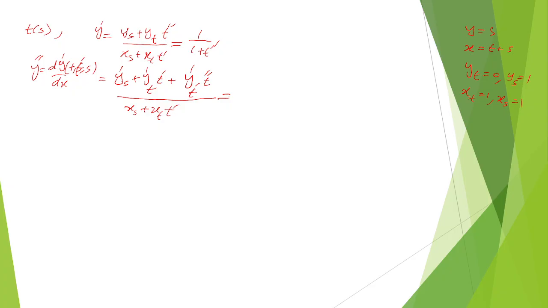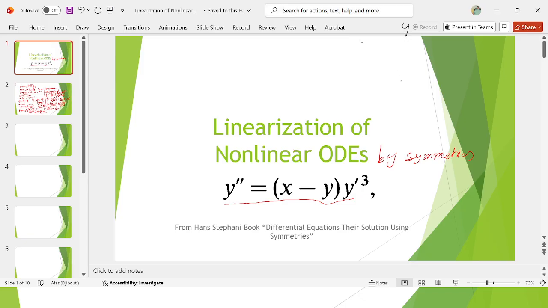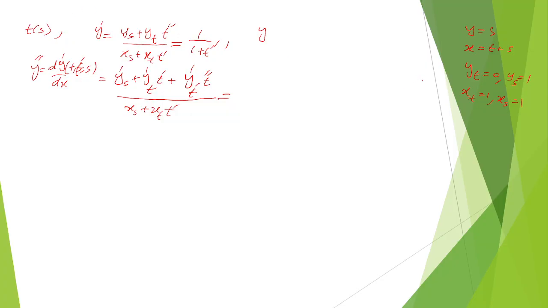Put in the value. This is 0 because y dash is not dependent on t and s. So with respect to s derivative and t derivative, let's do it over here. Y dash t is 0 because no t is involved in this expression.